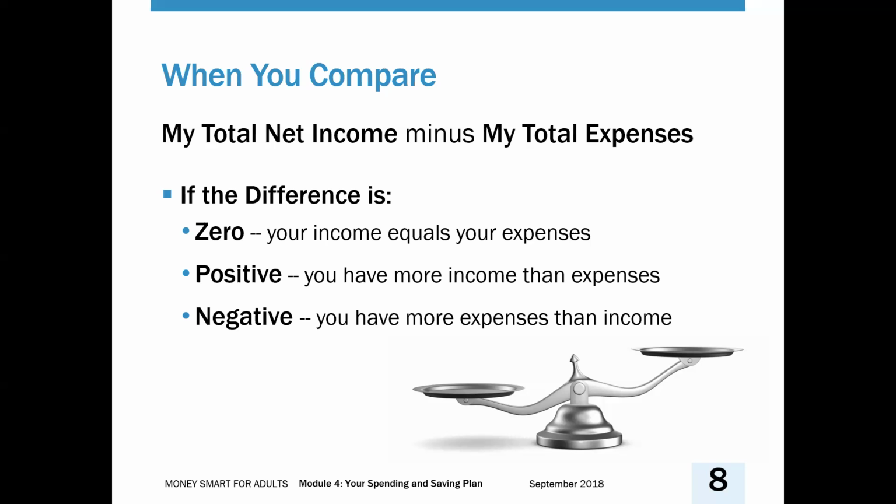In a situation like this, you would likely not have enough income to cover your expenses, so you would need to increase your income, decrease your expenses, or incur debt to make it possible to cover these expenses. So you can create your own spending and savings plan using that apply it section after the workshop. And I hope that going over these topics can better help you create that.